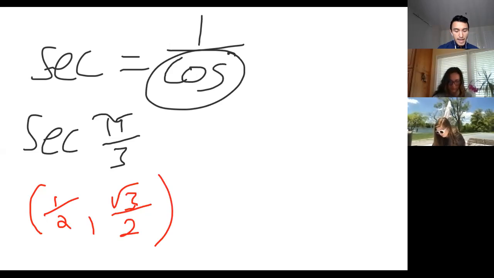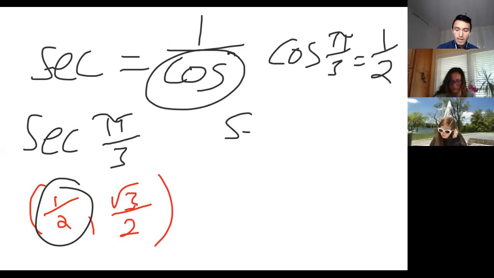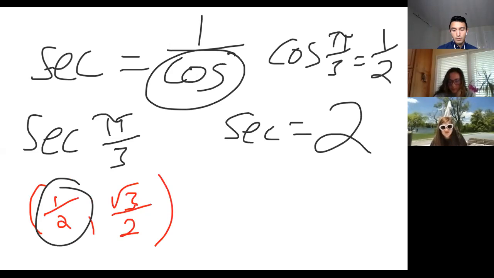The cosine is the x value, so 1/2. So that means cosine pi over 3 equals 1/2. That means secant equals the reciprocal of 1/2, which of course flipped is just 2. Cool. So that's all the work you have to show for number 30.